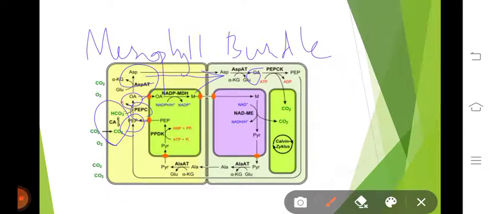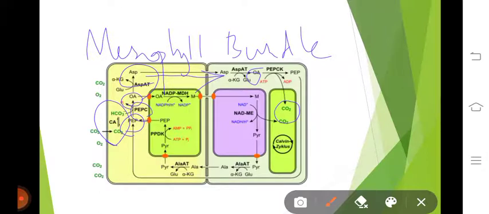Here oxaloacetic acid is directly getting converted into phosphoenol pyruvic acid, and it is going to give carbon dioxide out. This carbon dioxide is entering into the chloroplast of the bundle sheath cells directly, and it is entering into the C3 cycle.